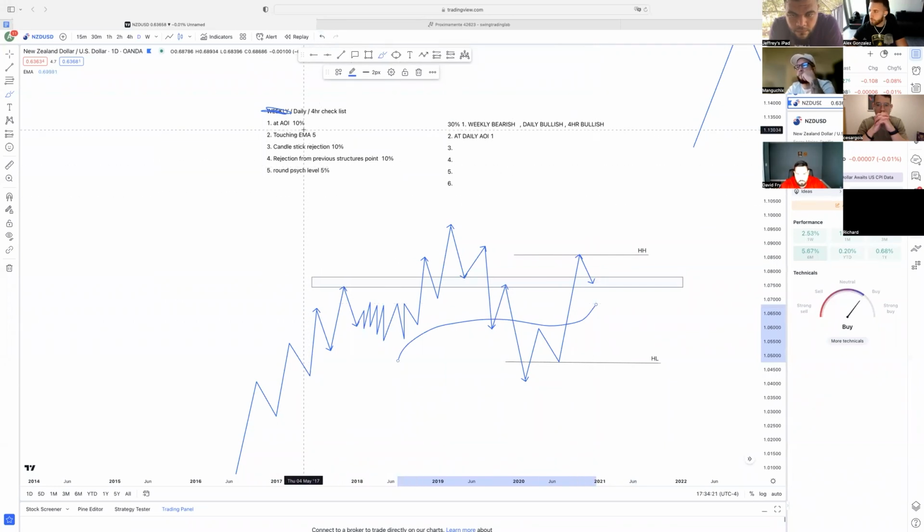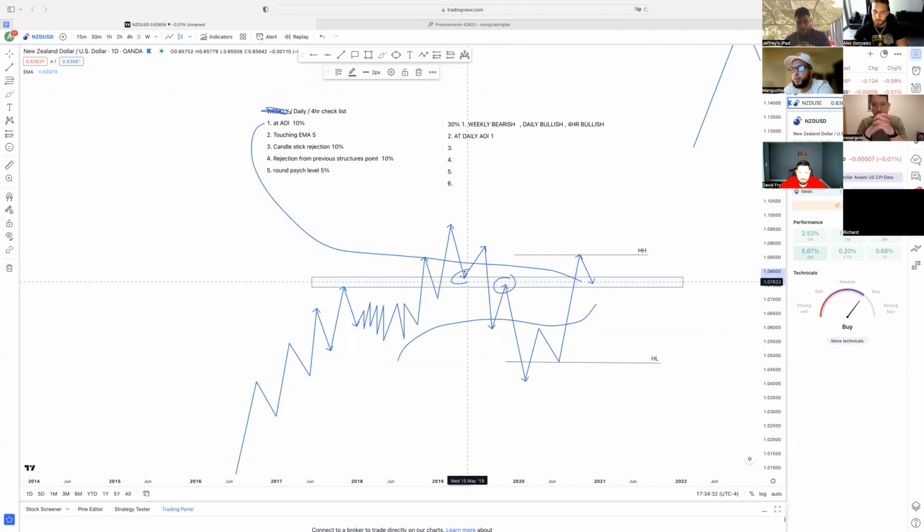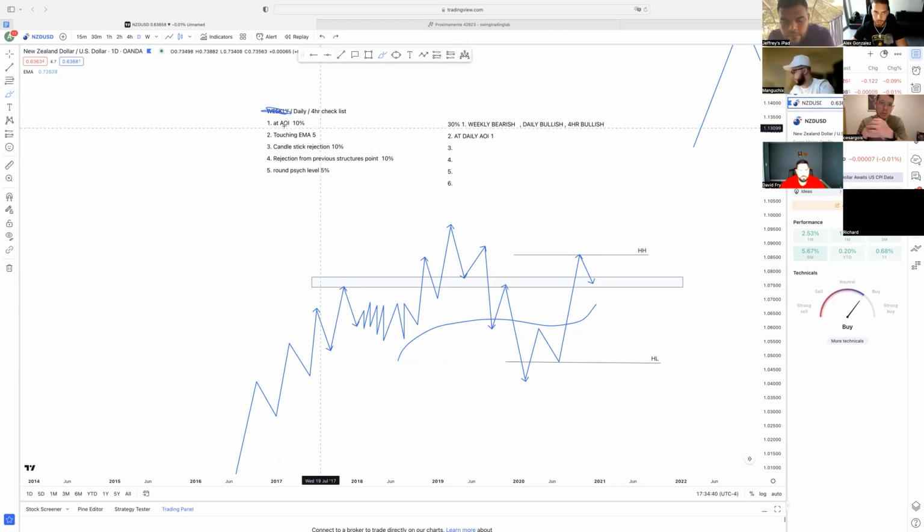Let's walk through it very simply. Are we at an area of interest? Is this an area of interest? We have 1, 2, and then 3. Is that considered an area of interest? Type 1 if yes, type 2 if no. Okay, correct. So this checks off.